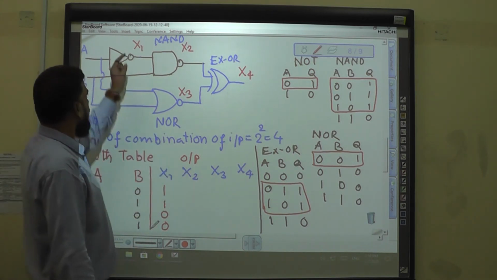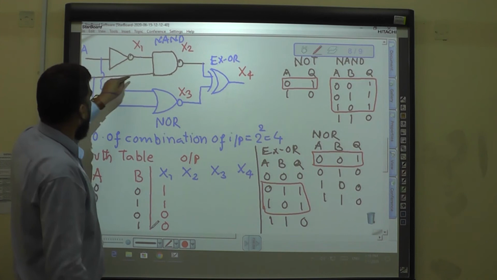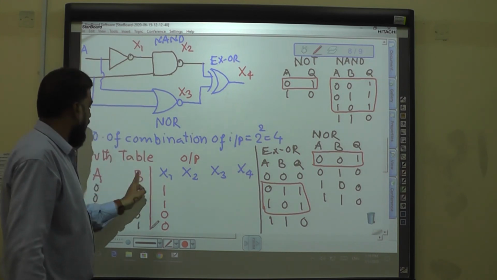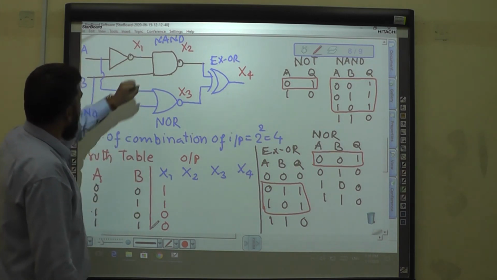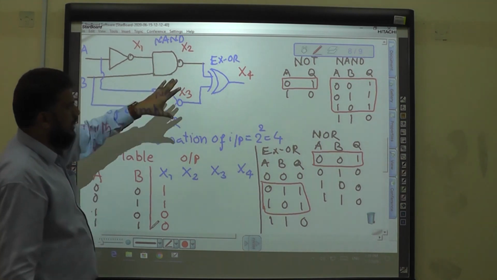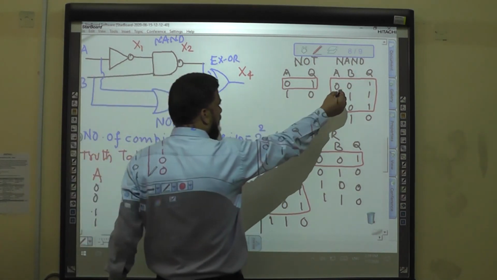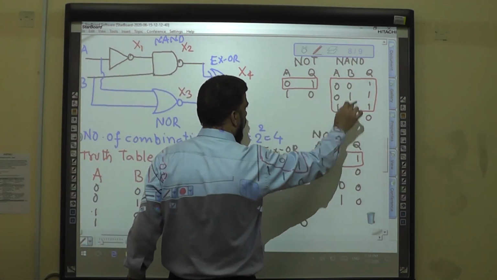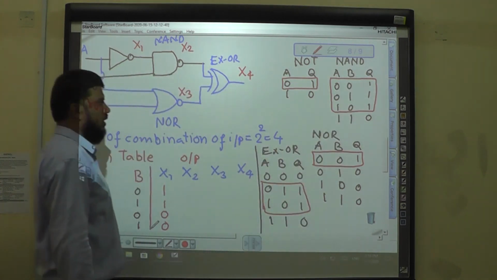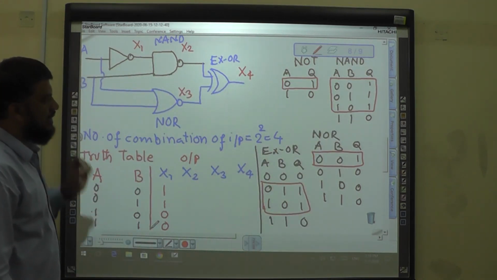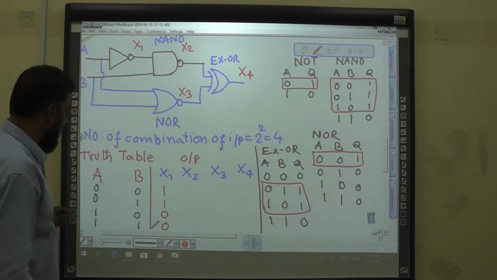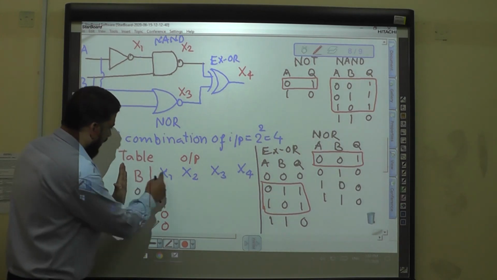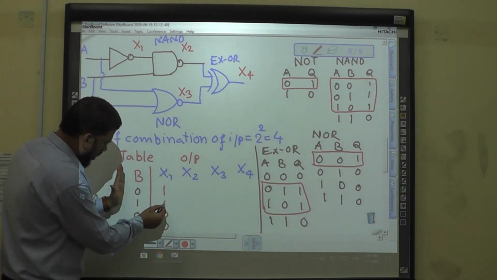Now what is x2? x2 is the combination of x1 and B, and that is the NAND gate. In the NAND gate, if any one of the input is 0, the output will be high. So remember only where B and x1 are both 1, the output will be 0.